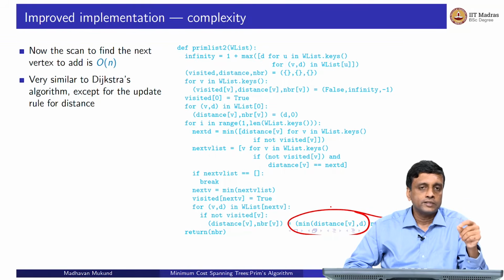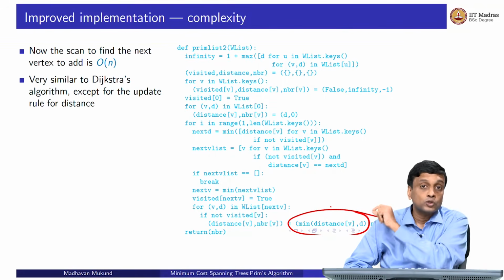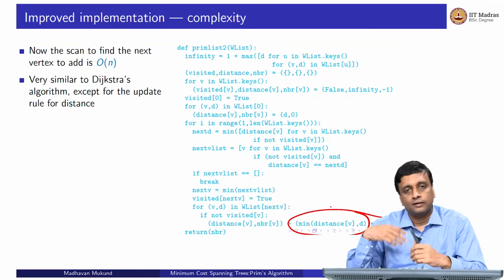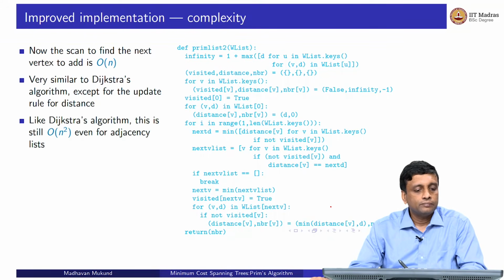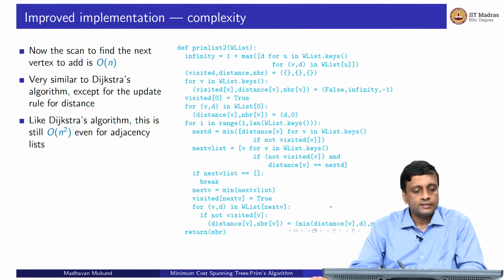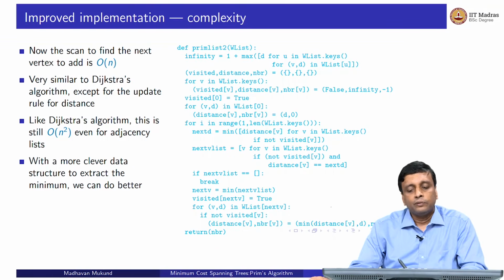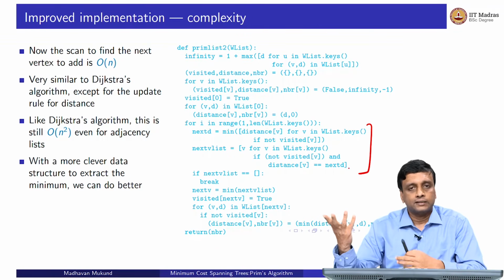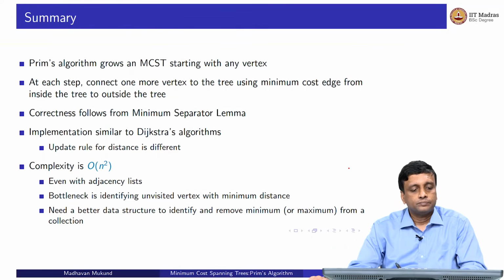So we want to know the distance to the tree and not the distance to the source. Right? That's the only difference. So Prim's algorithm is really a kind of variant in some sense of Dijkstra's algorithm. So like Dijkstra's algorithm, though it remains order n squared for adjacency lists, we will see that if we can do this more cleverly of finding the minimum in a collection, then we can do better.